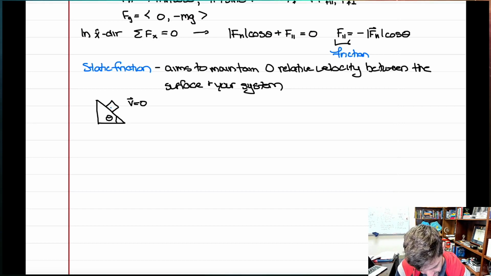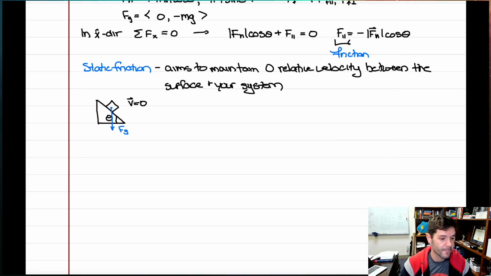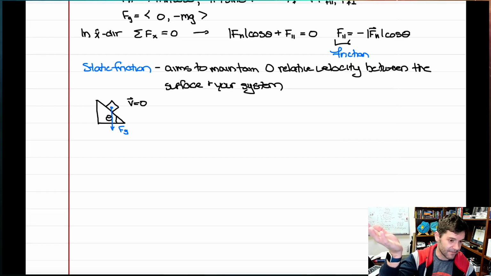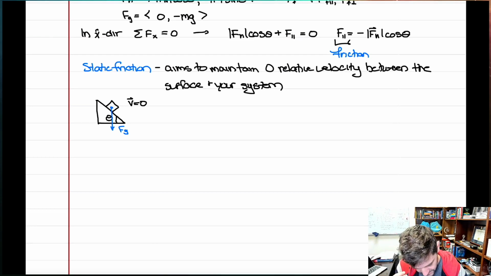Again, we could think geometrically first. There's a vector pointing down that's on box from gravity. And the box is also touching the ramp, so there better be a vector from the ramp as well. And I can immediately write down what that vector has to be. It has to be exactly the same vector as gravity, but opposite in direction.